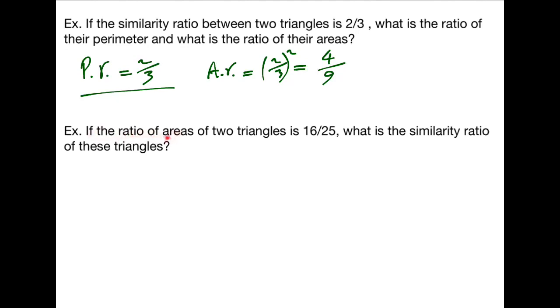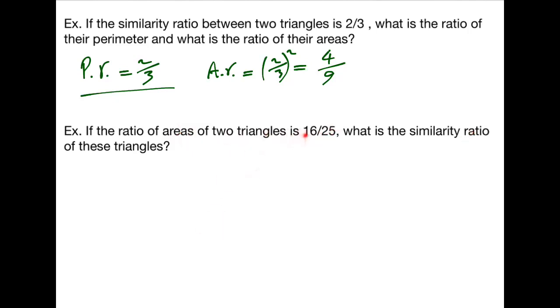If the ratio of areas of two triangles is 16 over 25, what is the similarity ratio of these triangles? So this time, the ratio of areas is given, and the question says, what is the similarity ratio? Remember, the ratio of areas is the square of the similarity ratio.